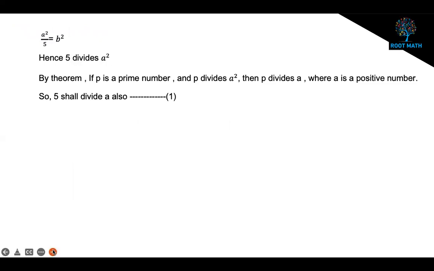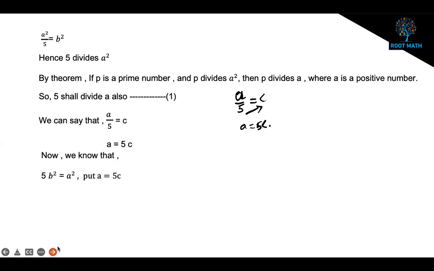5 divides a also. Now we are going for the second part of the proof. 5 divides a also means a divided by 5 gives some quotient, so a is equal to 5c. This a equal to 5c, we are going to apply in 5b squared equal to a squared, in the place of a.